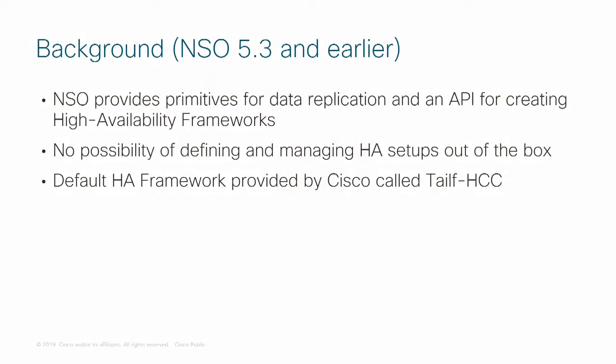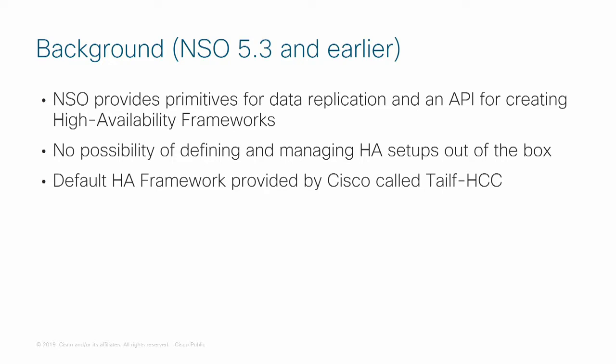So up until NSO 5.3, including NSO 5.3, the high availability capabilities of NSO was rather limited. There were primitives for replicating the database between several nodes, and there was APIs for managing and creating a high availability framework to set statuses and roles.